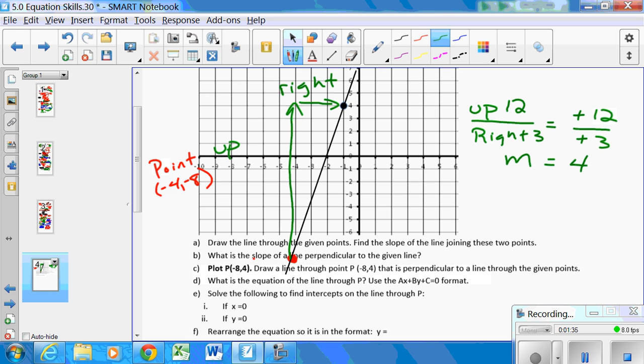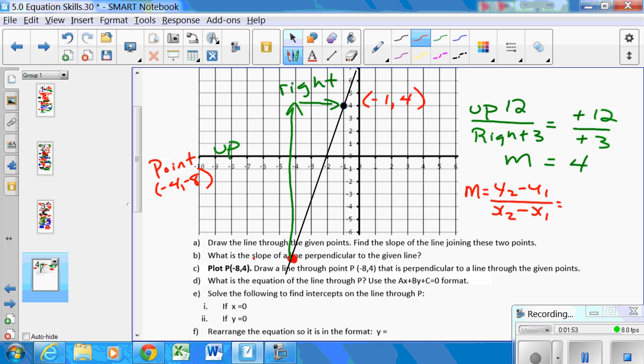The other way to do slope is to use the formula. Subtract your y values for your rise. Subtract your x values for your run. So if you look at your y values, and this is -1, positive 4.